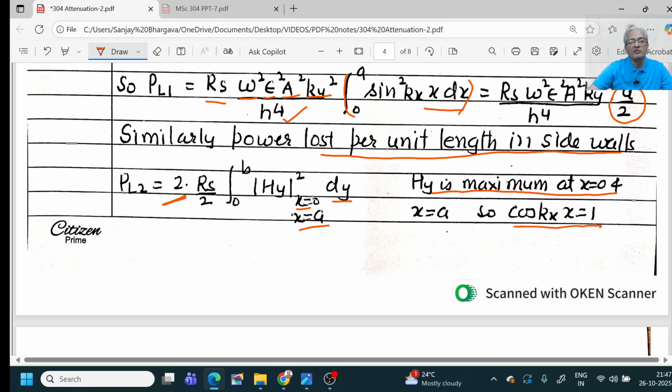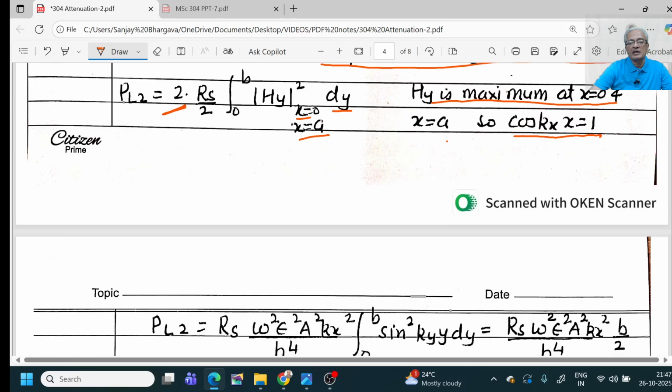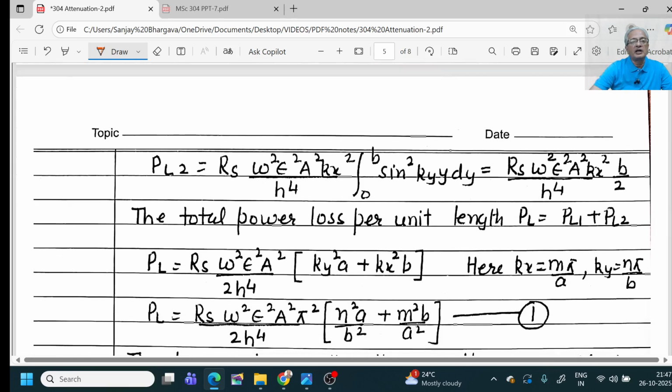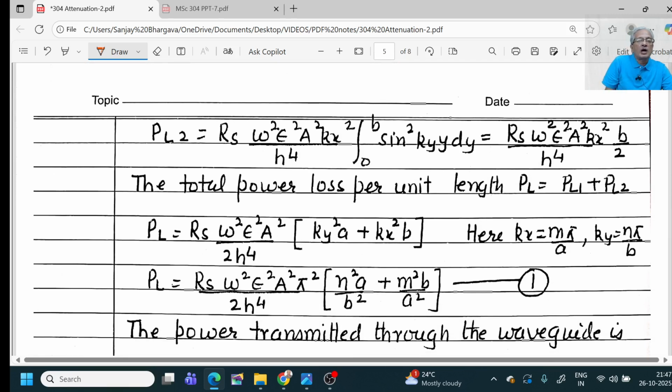So for the maximum value of Hy, we need to keep cos kx x as 1. So what do we get? PL2 would be equal to Rs omega square epsilon square a square kx square upon h power 4, integration extending from 0 to b, sin square ky y dy, and this entire integration would be equal to b by 2. So I have b by 2 here.